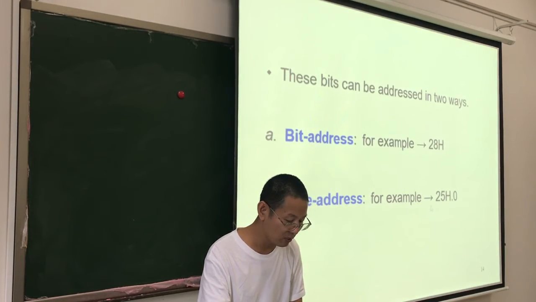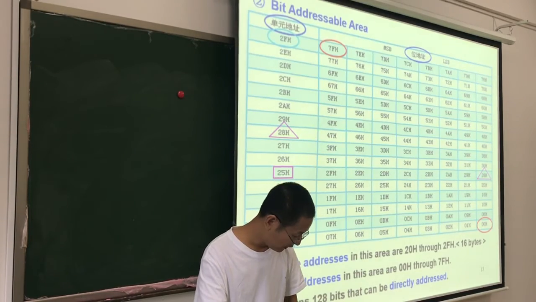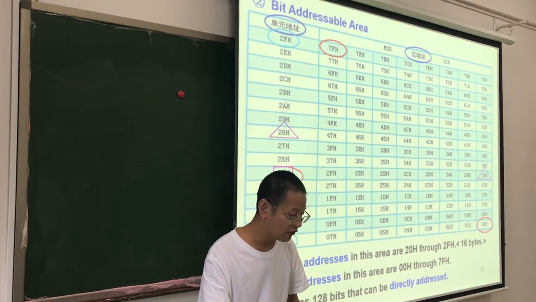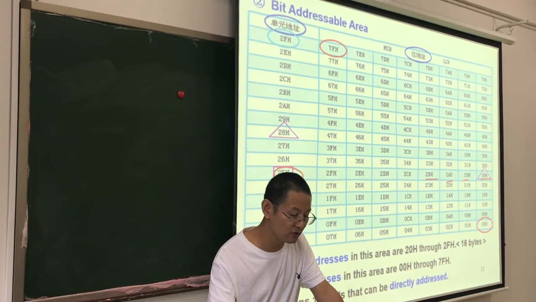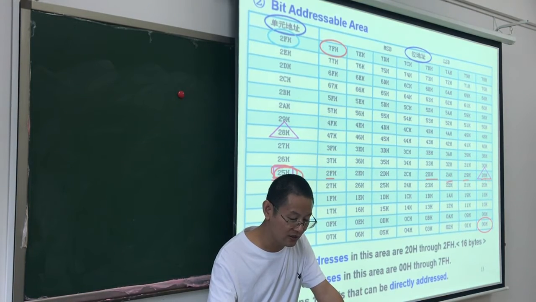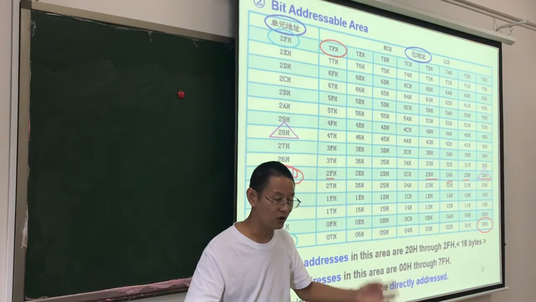Bit address, for example, 25H point 0. This bit is 25H point 0. This is point 1, point 2, point 3. This is point 7. 25H point 0 is bit address 28H. They are equal.